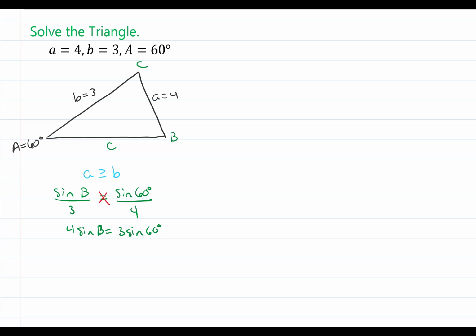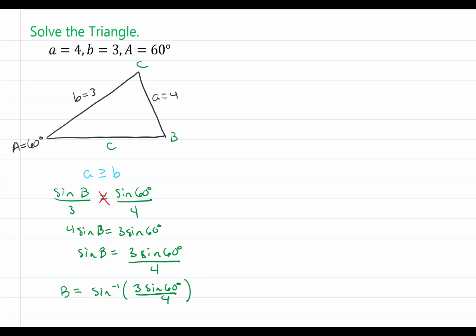We should now divide both sides by 4, so we'll get sine of angle B is equal to 3 times the sine of 60 degrees all over 4. The last step will be to take the inverse sine of both sides, so we'll get B is equal to exactly the inverse sine of 3 times the sine of 60 degrees all over 4.